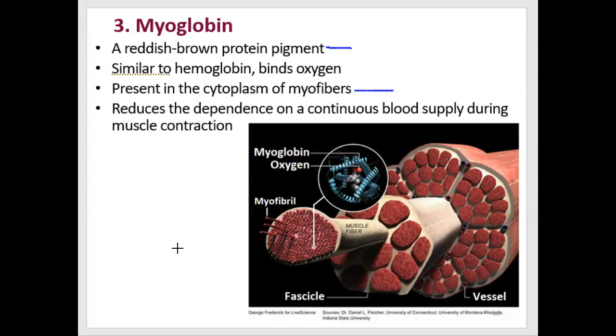It's true that there will probably be increased blood flow, but sometimes the need for oxygen even outdoes what's available in the blood, and so this local source enables the muscle cells to continue to make ATP by aerobic respiration even when blood flow is not adequate or the supply of oxygen from blood flow is not adequate.